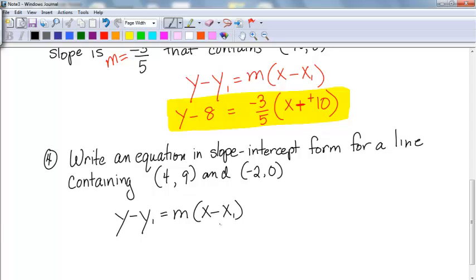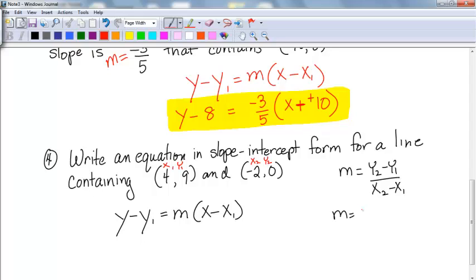What you don't have is the slope, but they give you two ordered pairs. So go back to this formula: y sub 2 minus y sub 1 over x sub 2 minus x sub 1. Choose either point and label it x sub 1, y sub 1. Label the other one x sub 2, y sub 2.